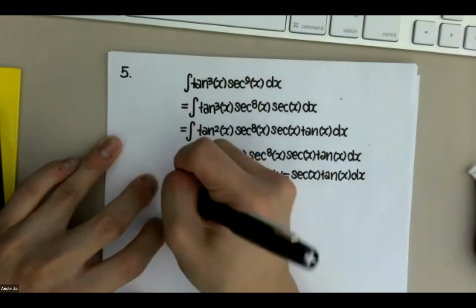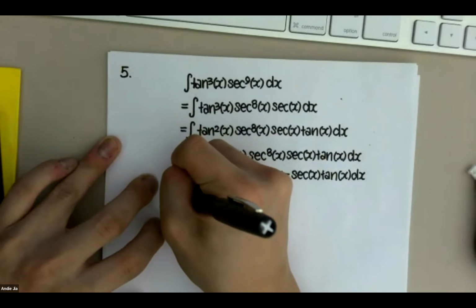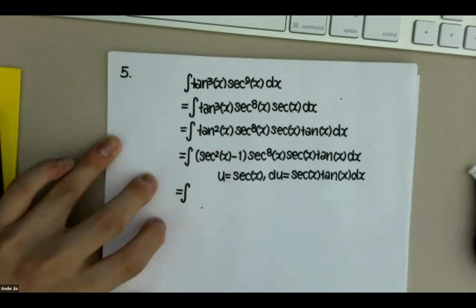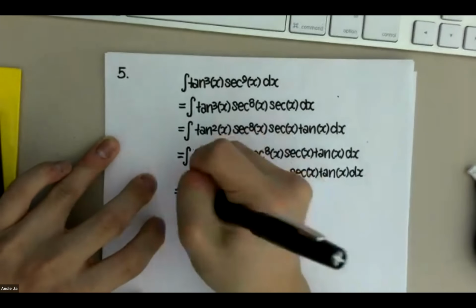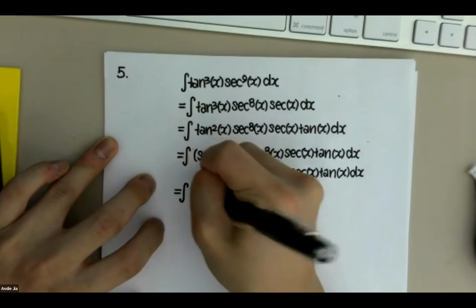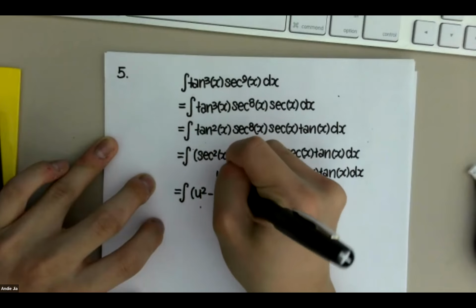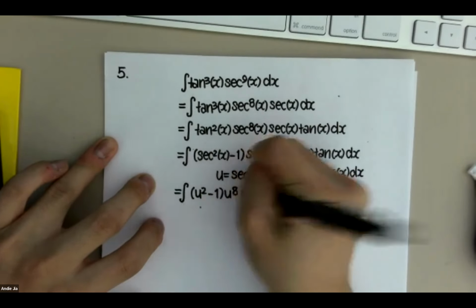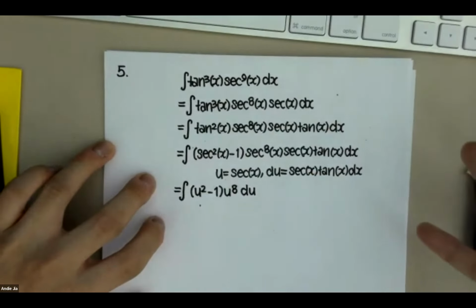So we get a new integral, and it's going to be u squared minus 1 times u to the 8 du, because this and this just cancel out.